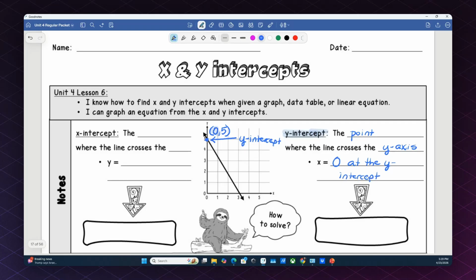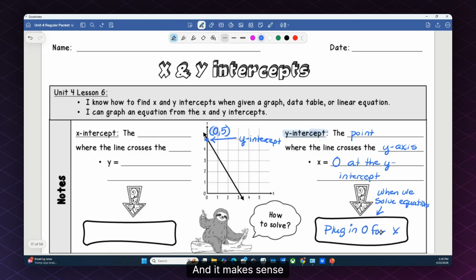This means that when we solve equations for this, we are going to plug in 0 for x.